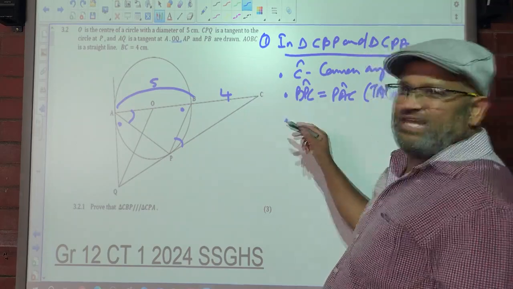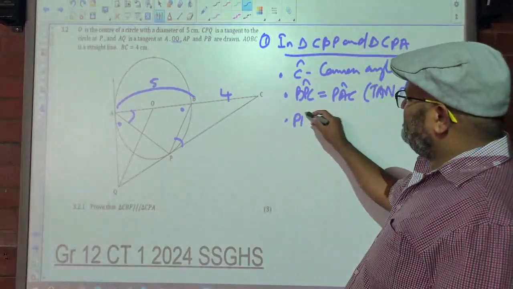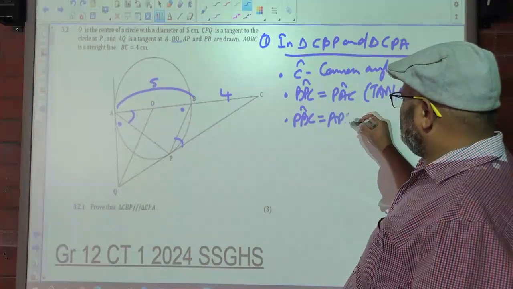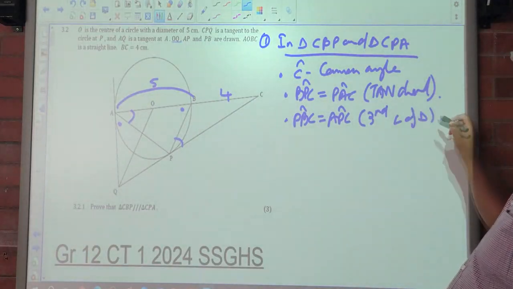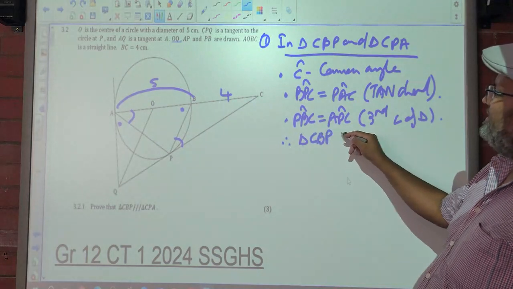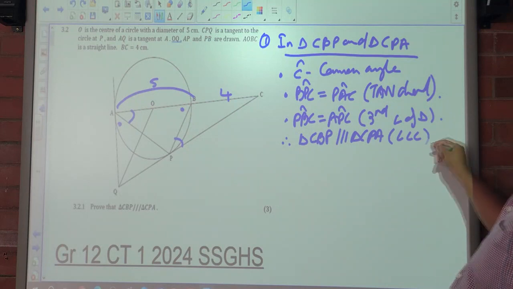So of course the third one has to be equal. So angle PBC has to be equal to angle APC. Why? It's the third angle of the triangle. So therefore, triangle CBP is similar to triangle CPA. Why? Angle, angle, angle.